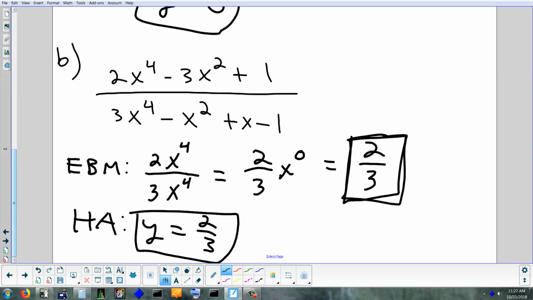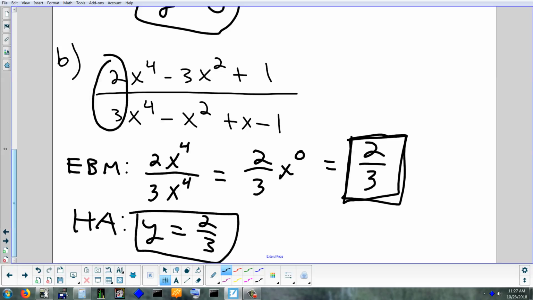It's at 2/3. So anytime your highest variables are equal, the horizontal asymptote and the end behavior model is right there, 2/3. If you let x be 1,000,000 and you plugged it into this, you'd get a number very close to 2/3.